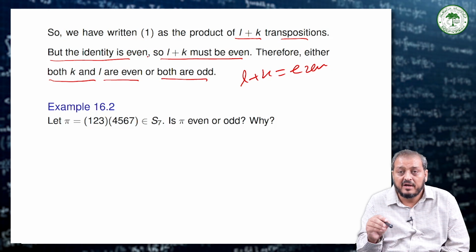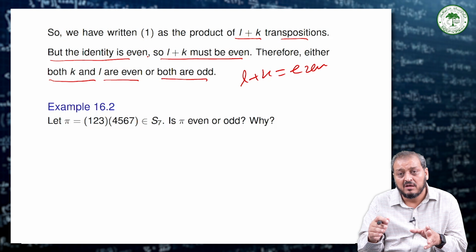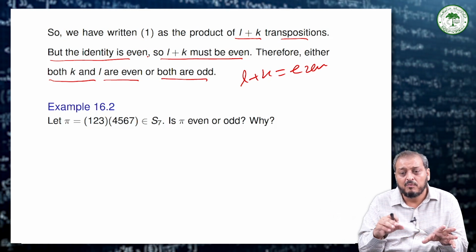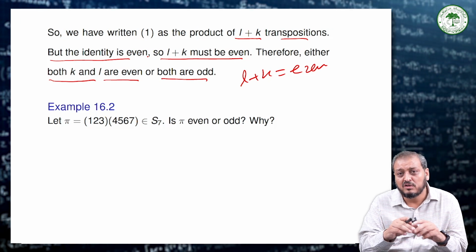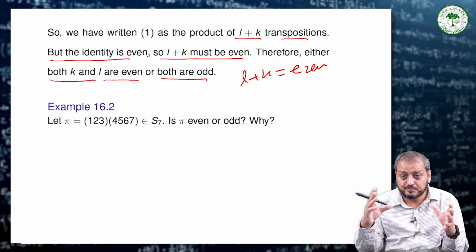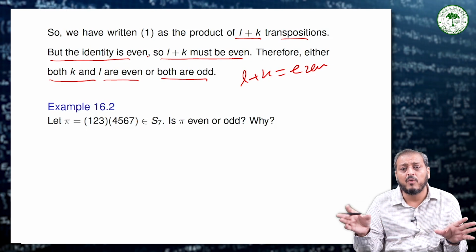By the identity permutation, L plus K is even only when both L and K are even or both are odd. We cannot say that one is even and one is odd. So clearly a permutation is either even or odd, not both.